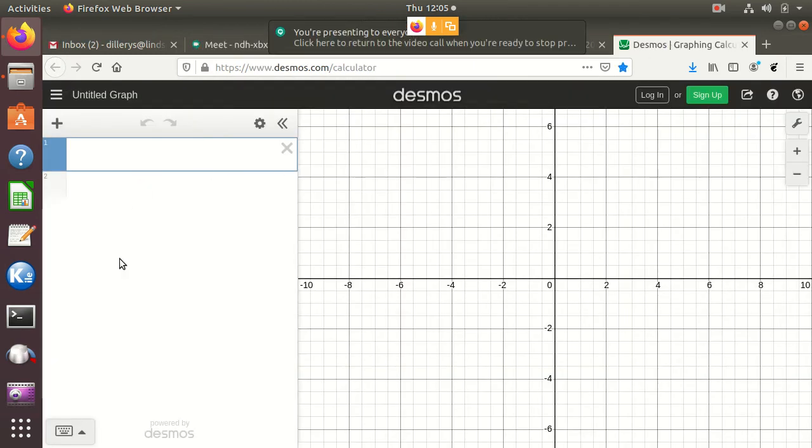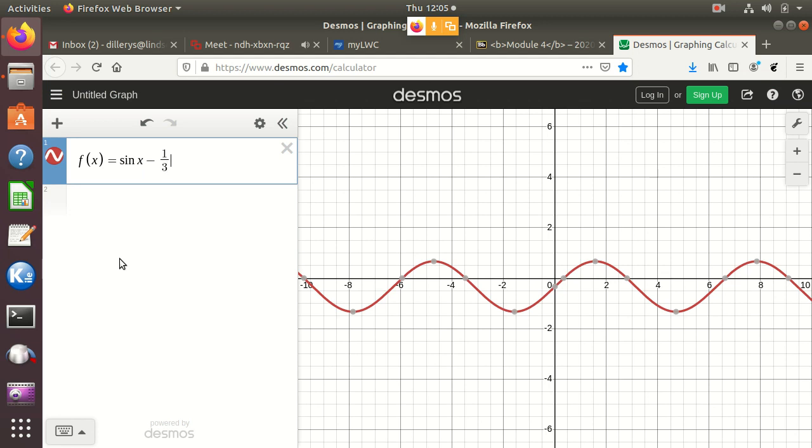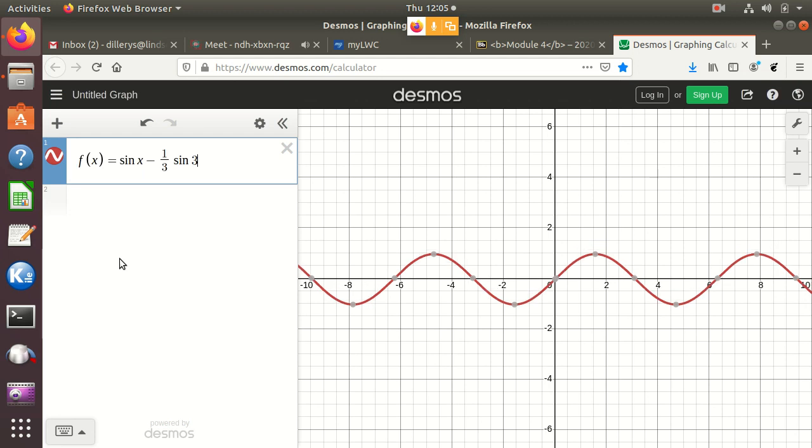And now, actually, what I suggest, since they say plot them and take a look at them, is I would start with f of x and just say f of x is equal to sine x minus 1/3 sine of 3x, whoops, sine of 3x, and then plus 1/5 sine of 5x.